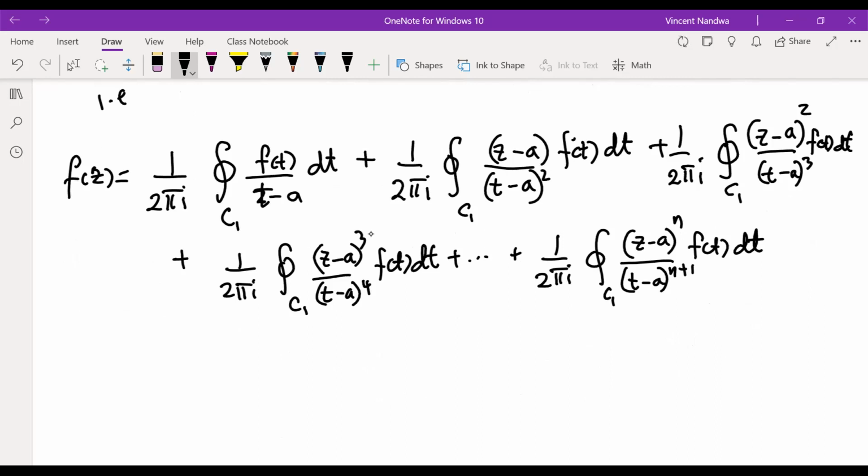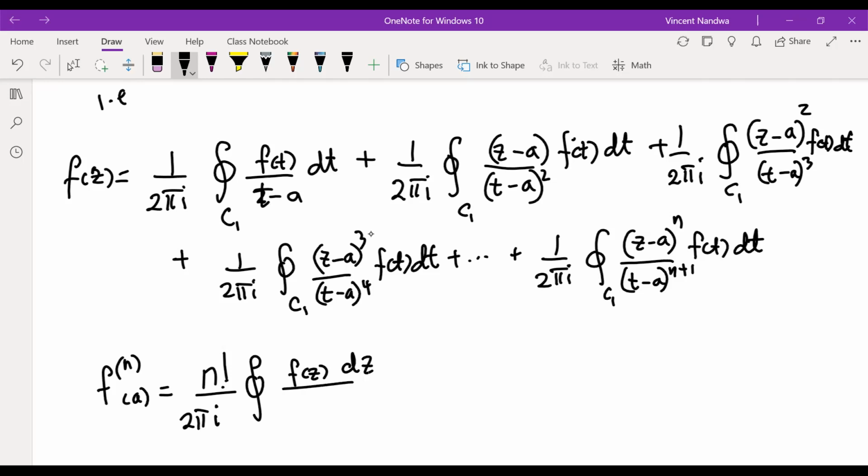But remember, from the definition, Cauchy's integral formula says the nth derivative at a is n factorial over 2 pi i integral of f of z dz divided by (z minus a) to the power n plus 1.